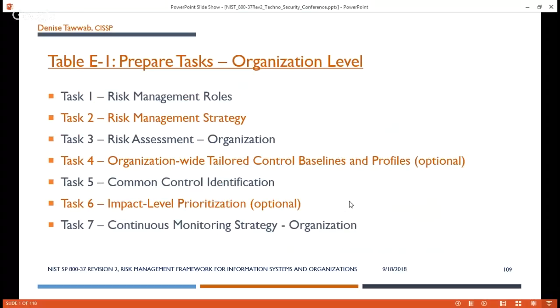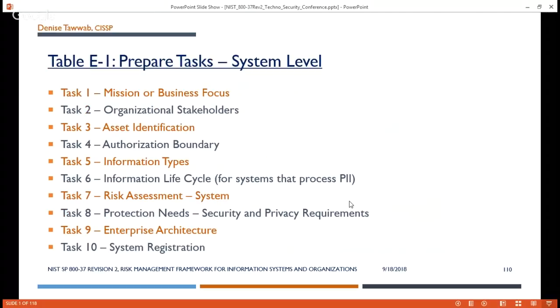I'm looking at the prepare step because I think that's pretty important. And then here's where you prepare at the system level. You're looking at the business focus, the stakeholders, you're identifying your assets, your authorization boundaries, your information types, the information life cycle for systems that process PII, your risk assessment for the system, your protection needs, your enterprise architecture, and your system registration. So this is happening when you're preparing at the system level.